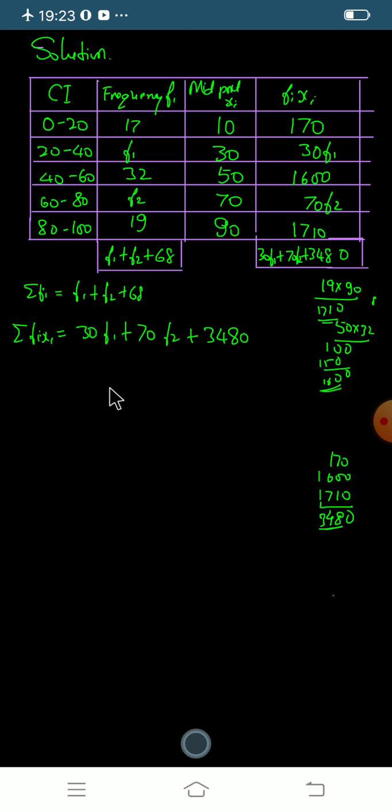Now first of all we have to find the mean. The formula for mean is summation Fi xi divided by N. Now we have here summation Fi as F1 plus F2 plus 68.